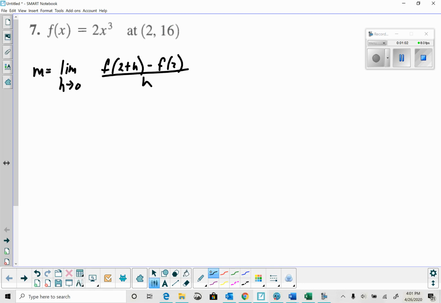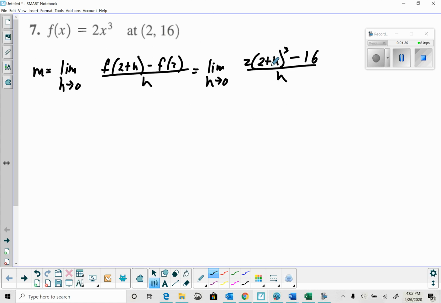Okay, so now if we put it into this specific function, we're looking at the limit as h approaches 0 of 2 times (2 plus h) cubed minus f of 2. You can go ahead and substitute that in if you want, but f of 2, they've already figured that out for us. If we can read coordinates of a point, that's got to be 16, all over h.